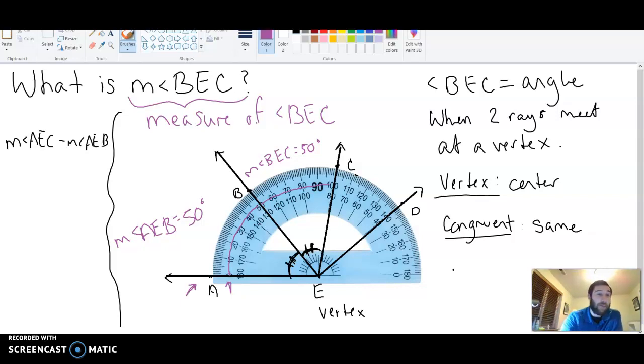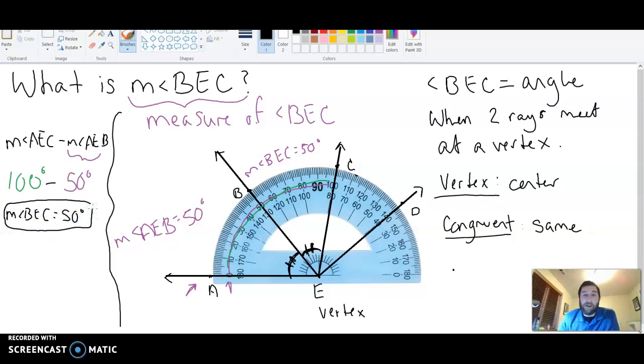And so we counted that. The measure of AEB is our 50 degrees. The measure of AEC, if we read that whole thing all the way across, is 100. And so we take 100 degrees, subtract the 50 degrees, and we're able to find that the measure of angle BEC is equal to 50 degrees. Perfect.